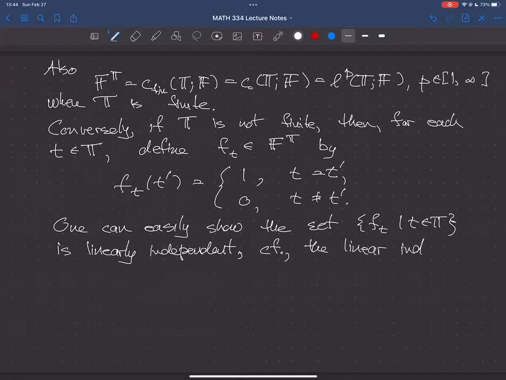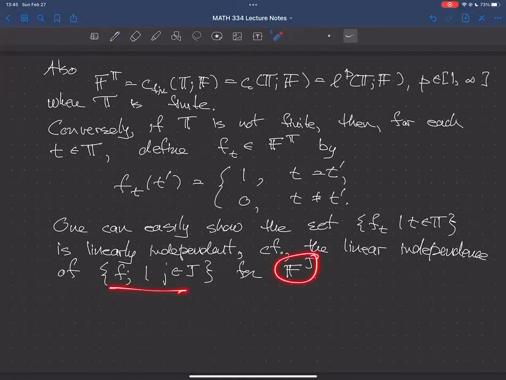We did this before, basically. And so I'm just going to go back and hearken back to the notation that we used. We talked about in the space F_J, this collection of vectors f sub j.